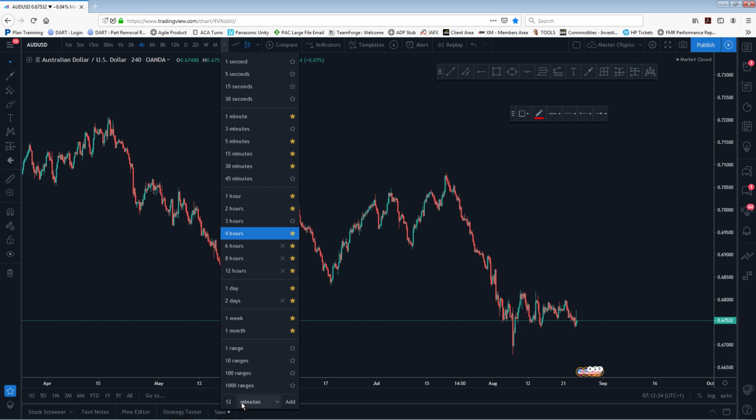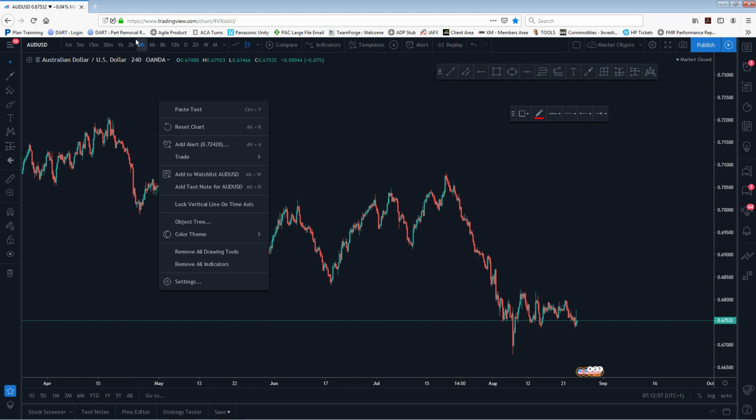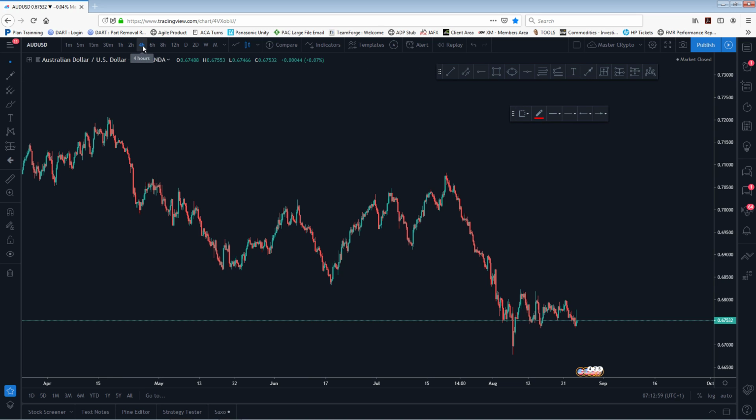If you want a 2-day time frame, you can hit 2 there, choose days, and then hit add, and then it'll get added to this list, and then you can favorite your favorite time frames. That's how I got this bar up here that has all these time frames. Anyways, I'm going to stay on the 4-hour time frame, but you can also explore these time frames.